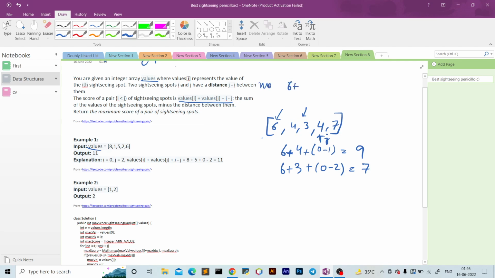So we have to again choose the maximum of the first plus 0 and the next plus 2. Again the maximum is the first. So again i would be here only and j is here. So the sum would be 10.